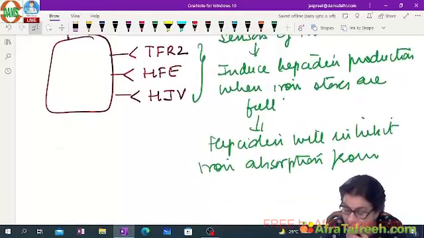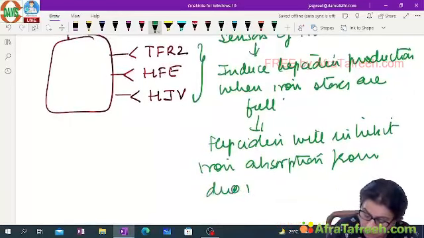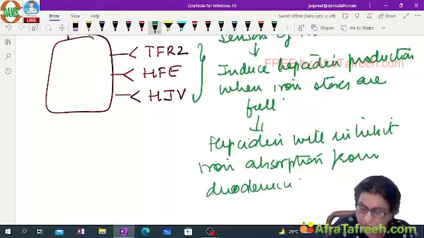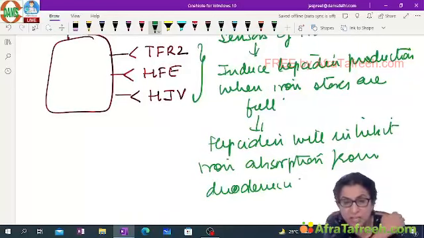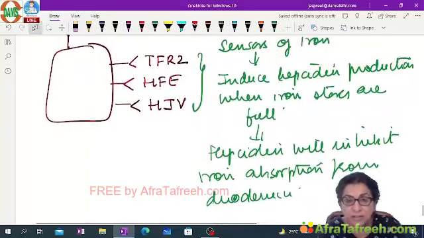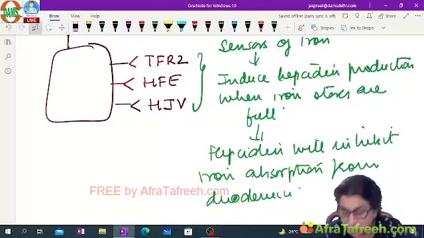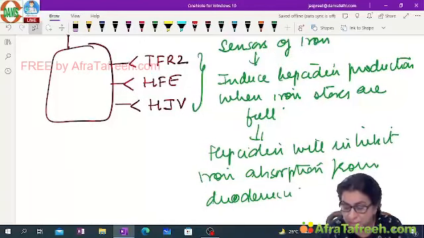So if hepcidin is produced, it will inhibit iron absorption from the duodenum. So what is the function of transferrin receptor 2, HFE and HJV? They are the sensors of iron. How much iron is there in the body? If there is more iron, they will induce hepcidin production, and this hepcidin will inhibit iron absorption from the duodenum.